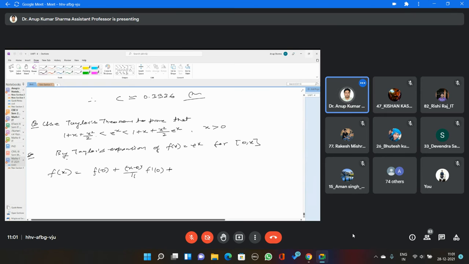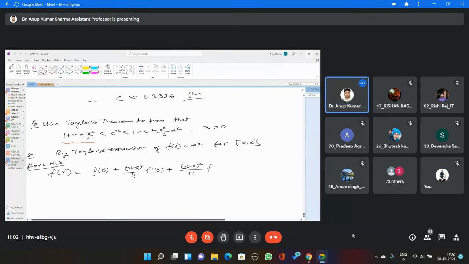So 1 plus x square. Now we are writing for the LHS first. So 1 degree is okay. In the second degree, x minus 0 square upon factorial 2. So we have to stop up to the second degree, and x is the remainder term.